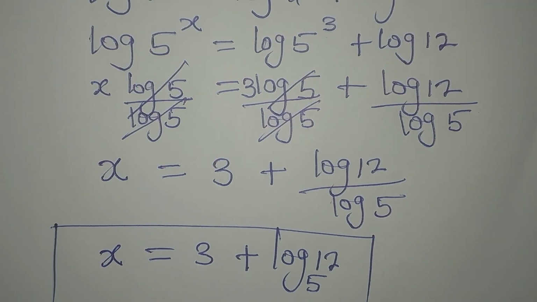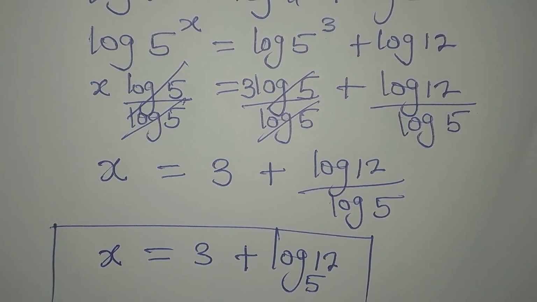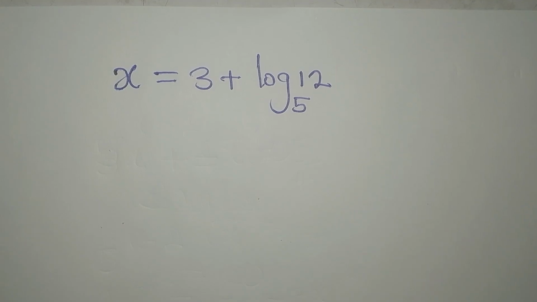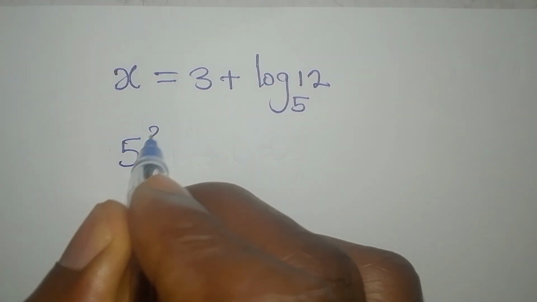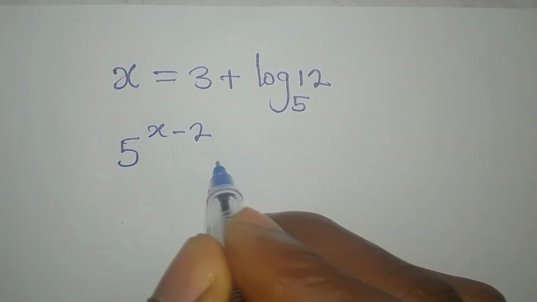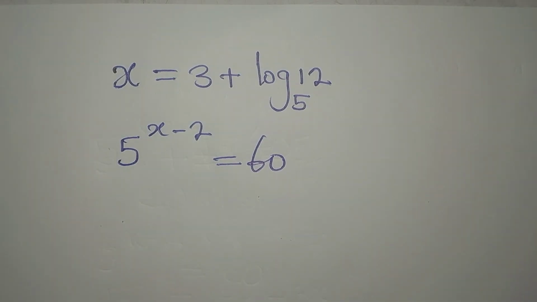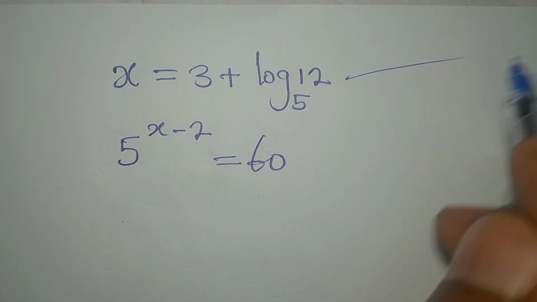And like we do always, we verify our result. Let's go into the verification stage. The equation is 5 to the power of x minus 2 to be equal to 60. Now in place of x, I'm going to write the whole of this.